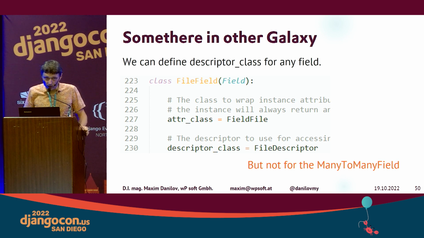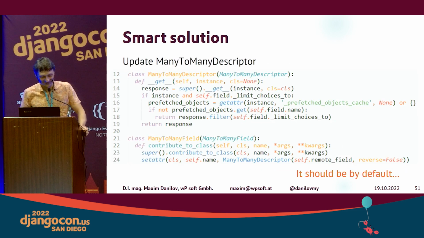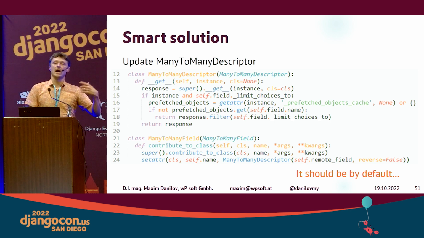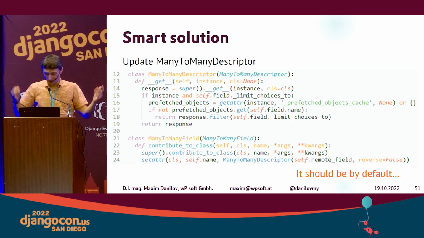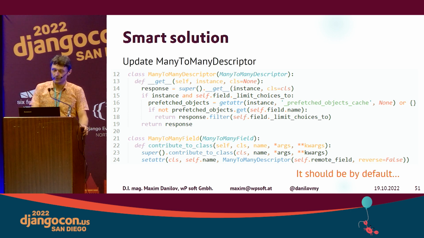And of course, we can change it. At first, we should override contribute_to_class for the many-to-many field. And after super, we should call setattr, and we can set our many-to-many descriptor. I think it should be by default, but who am I, only a developer.